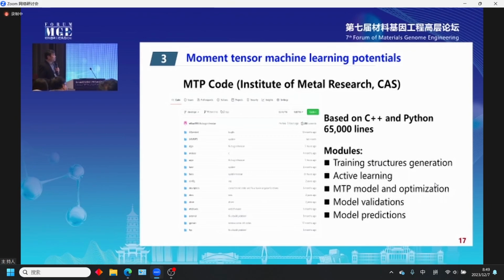The first is training structure generation. Then active learning, where we use on-the-fly learning technology combined with AIMD to find the training samples. Then we use MTP code optimization technology, which is the fitting of the potential. And we also include validation of predictions.